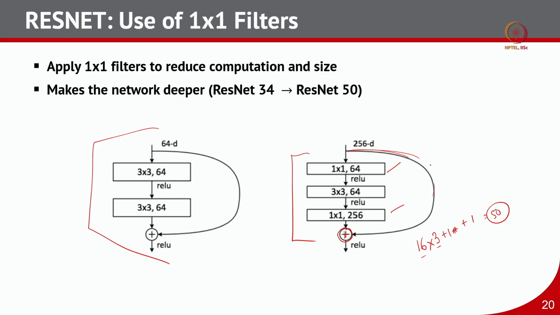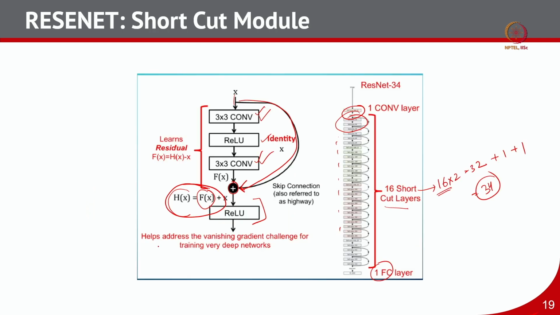Now, with respect to computation, if we have these one by one filters, there will be less multiplication or less computation, but then we are introducing the shortcut module in ResNet, right. These are the shortcut modules or skip connections. Let me go back to the previous slide. Let us say we have computed this x.